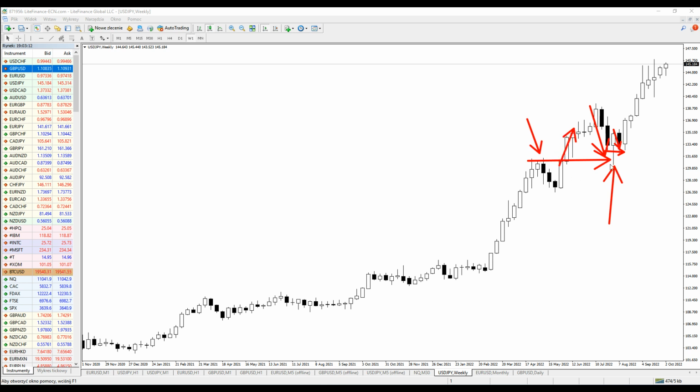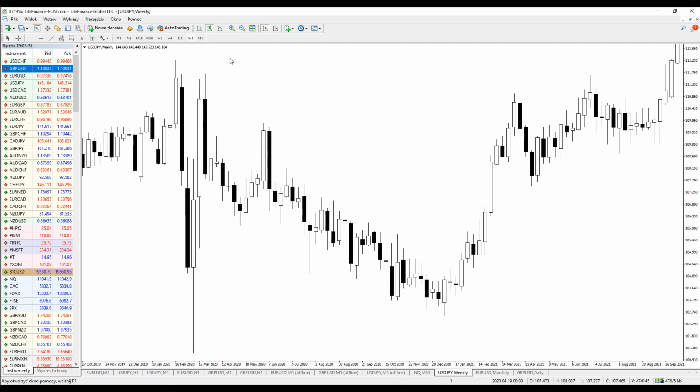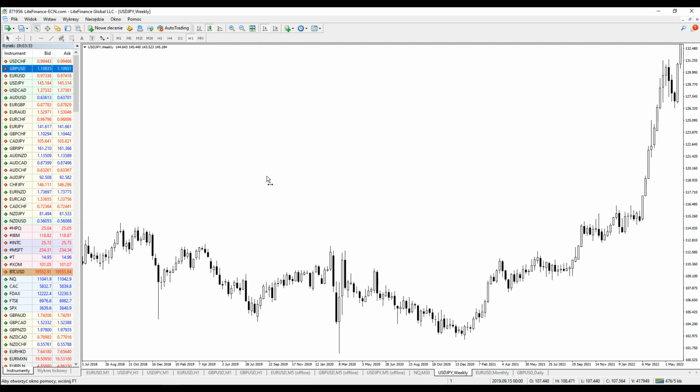So this pullback with the strong rejection of this retest of the swing high was the signal to try to buy on pullback. Maybe this swing low is going to push the price higher. So that's another one working quite well.